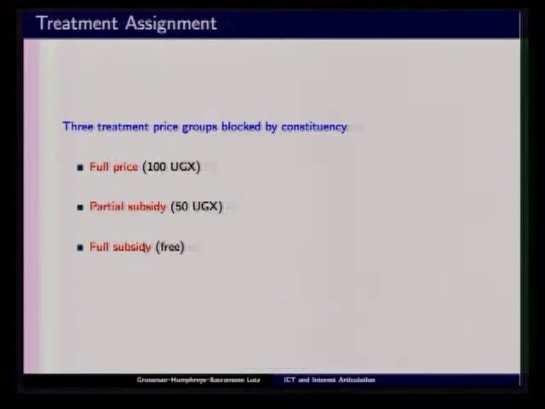These almost 4,000 people were then randomized into 3 treatment groups blocked by constituency, where each treatment group is a different price level. A third of them got a script and a voucher that said, here's how you can send a message to your MP, and the price was full price. Then there was a partial subsidy, which was half price, and a third got a full subsidy, which is a free price.